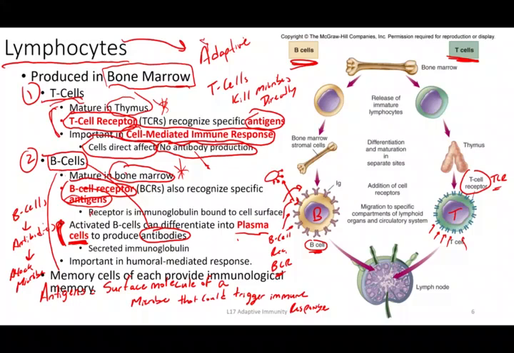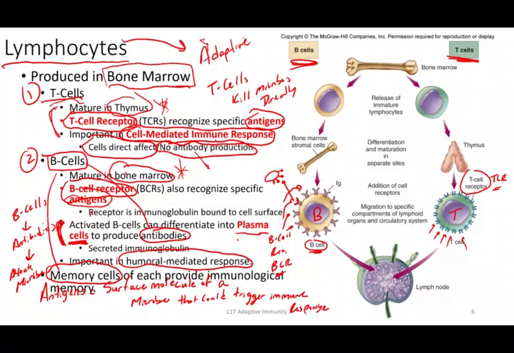B cells don't do the attacking themselves, but instead they make this important molecule called antibodies. We call this the humoral response. The other thing that we touched upon is the importance of immunological memory that is generated during this adaptive immune response.